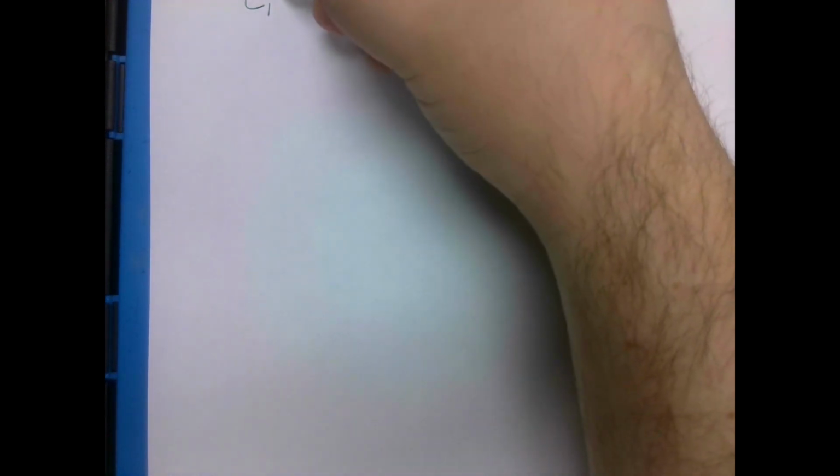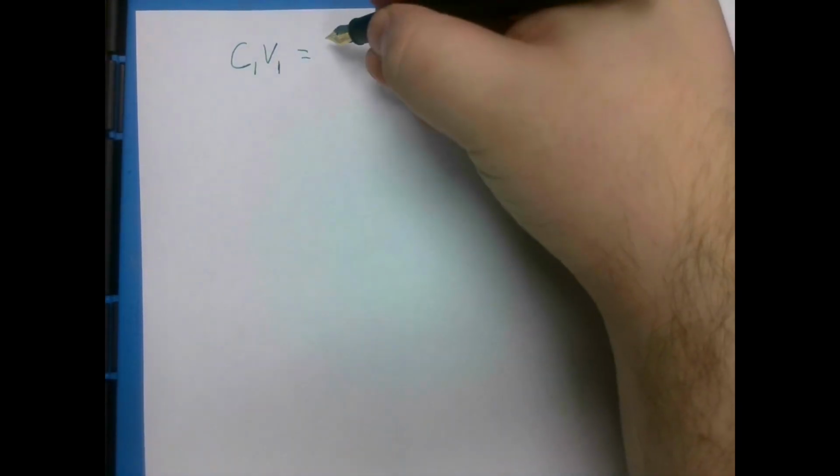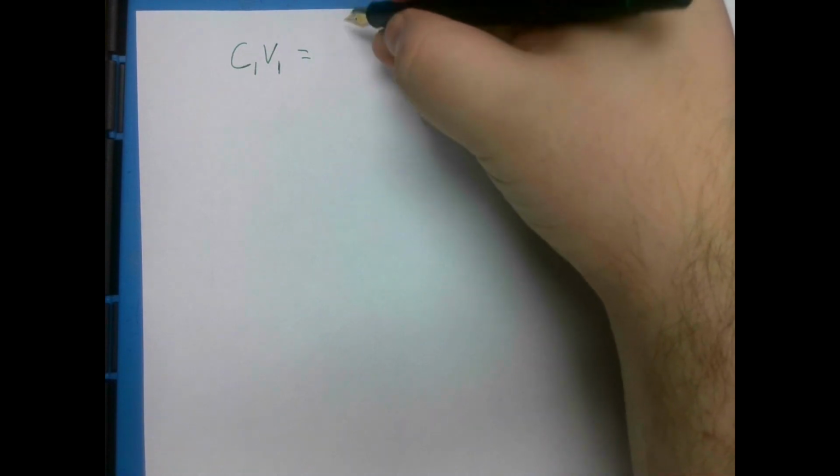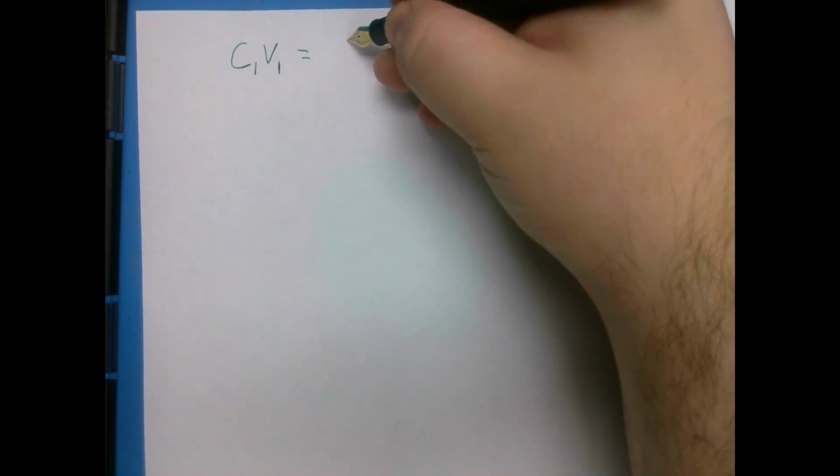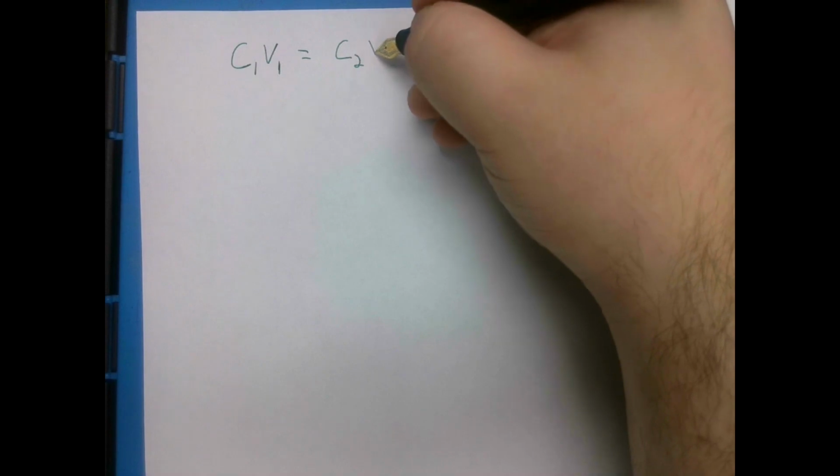So the concentration times the volume is constant. So the concentration times volume is going to be equal to the concentration times new volume.